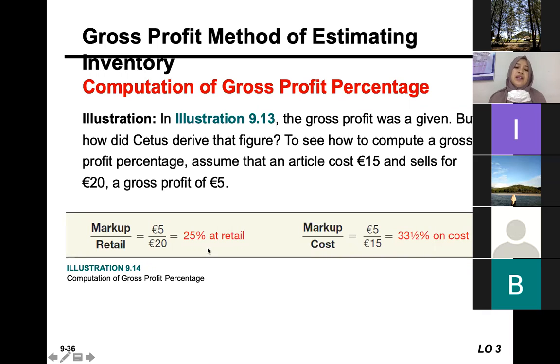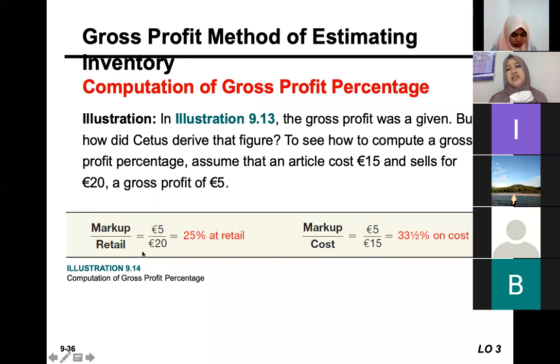So it will be more appealing to the customers, meaning the company doesn't really take a very high profit, because you just mention the markup on the retail price. But if you mention the markup on cost, it will show a higher amount, so the customers might see that we take so much profit.